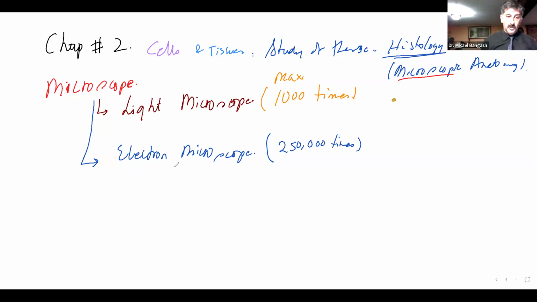Now, this is probably a kind of microscope that you only have in very sophisticated labs. For regular studies of cells, or let's say most cells, and tissues, a light microscope will be sufficient.